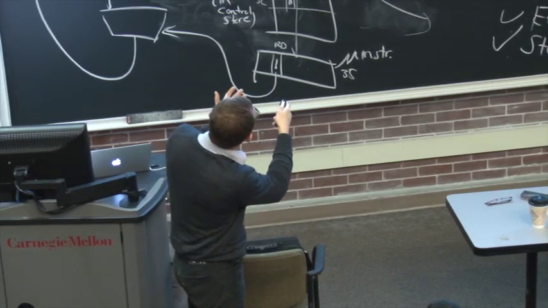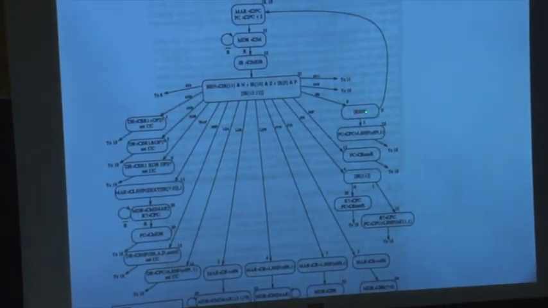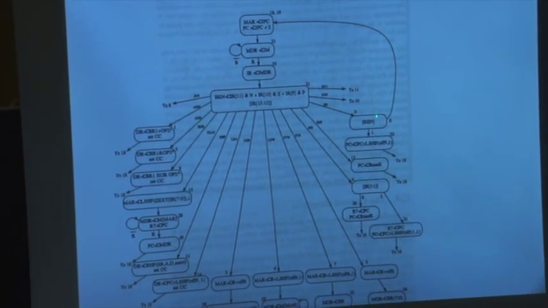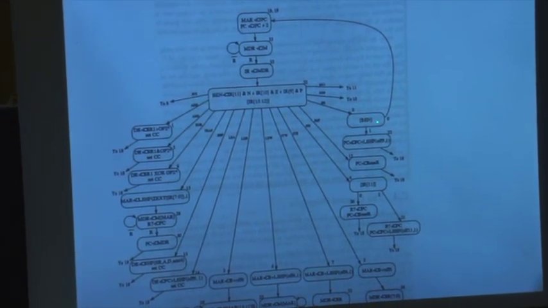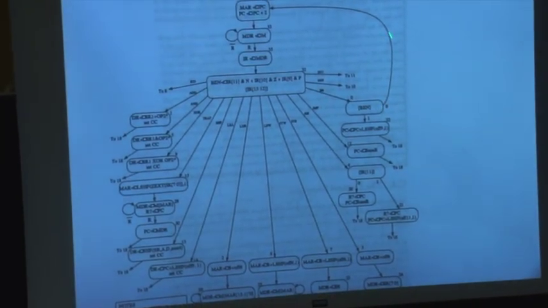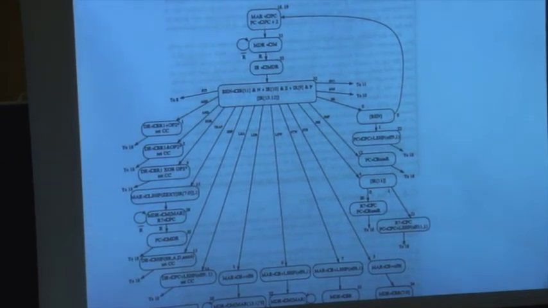So if you look at the branch enable bit, here the branch enable bit is set. In this state, this branch enable bit determines what the next state is. If the branch enable is 0, meaning the branch should not be taken, the next state is basically fetch. You've already incremented your program counter.